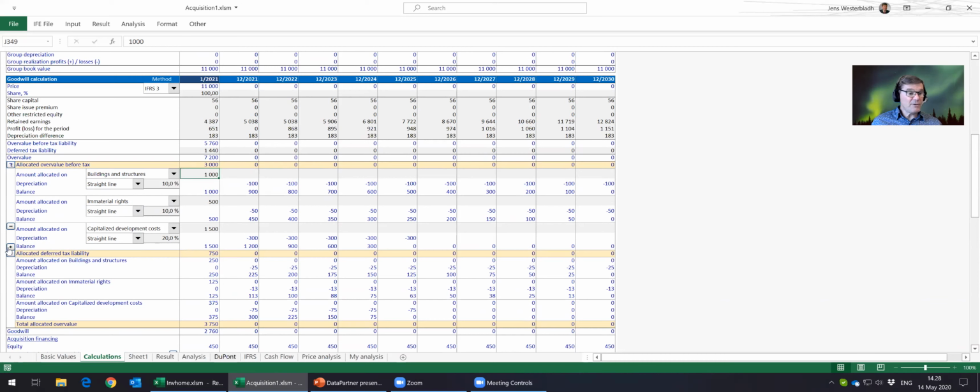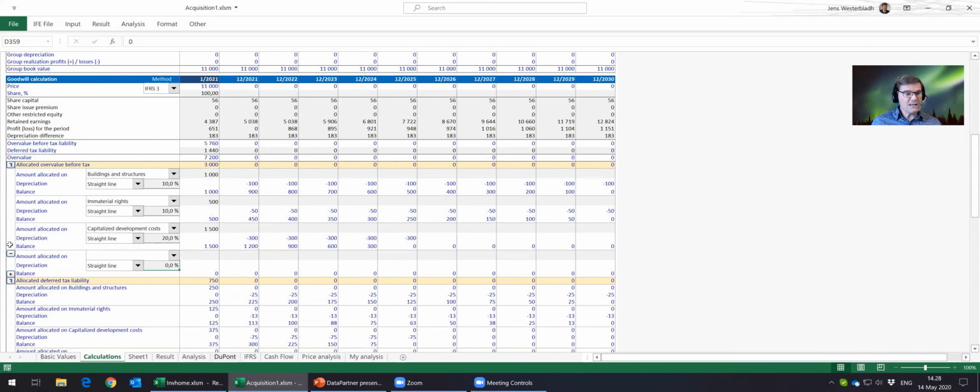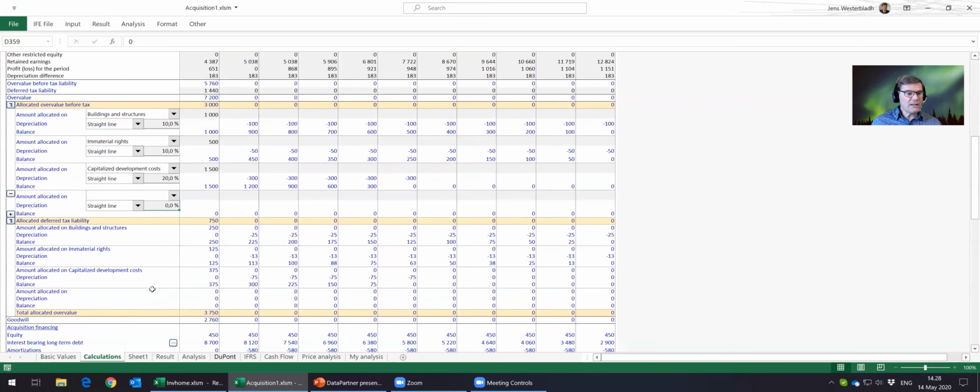If we can specify more, we just press plus and get some more items to specify. Anyway, it will calculate again the corresponding deferred tax liability for each item.